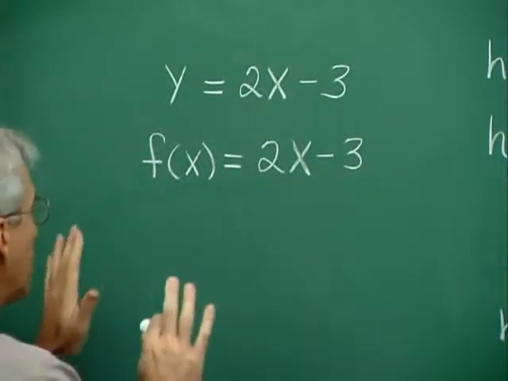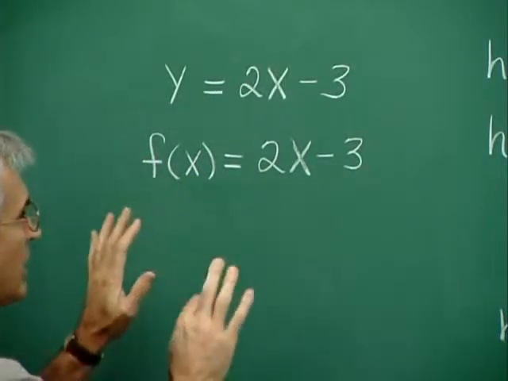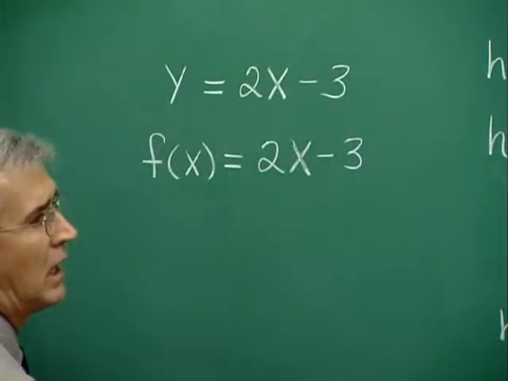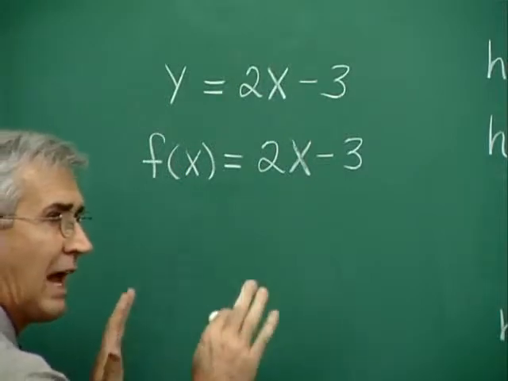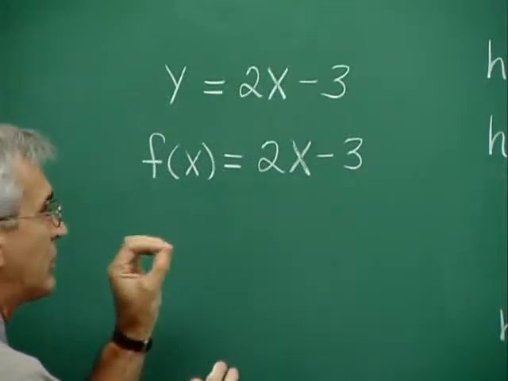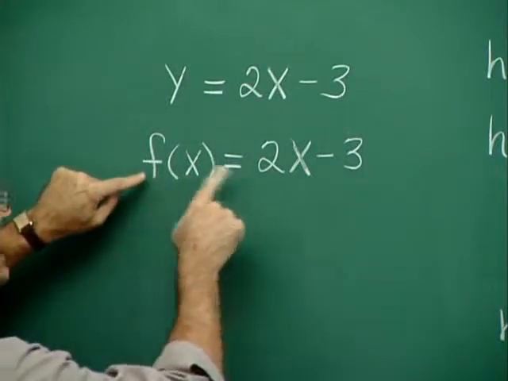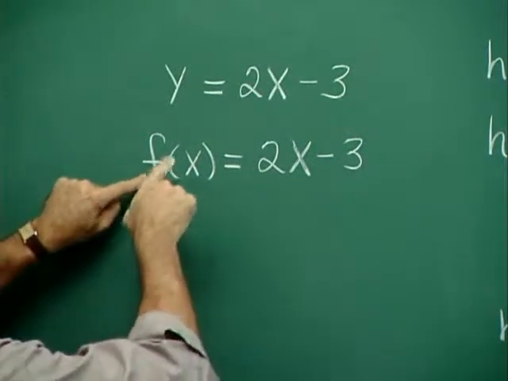Now if we interpret this f of x in a particular way, then this notation leads us to a technique for evaluating functions for a particular value of the variable. We can interpret this as the value of f at x.